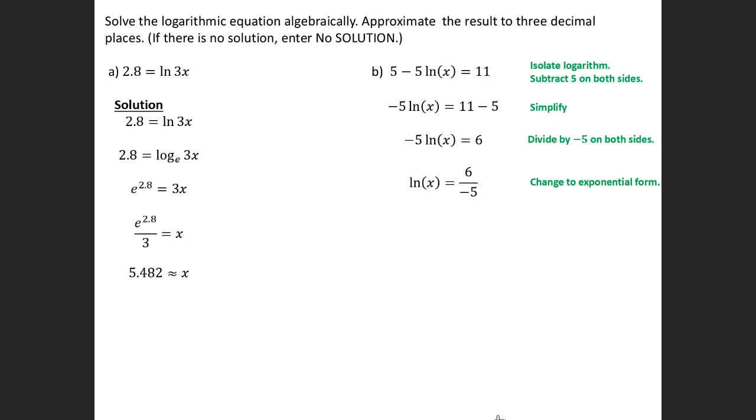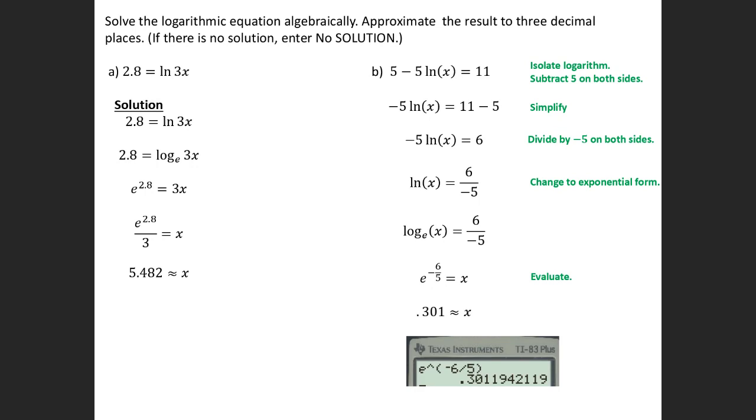Natural log is the same as log e of x. My base is e, and again, this log is equal to the exponent, so the exponent is -6/5, and that is equal to x. Put it in your calculator, and we get approximately 0.301.